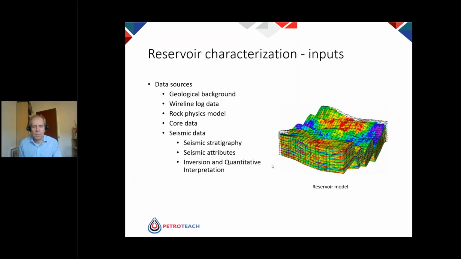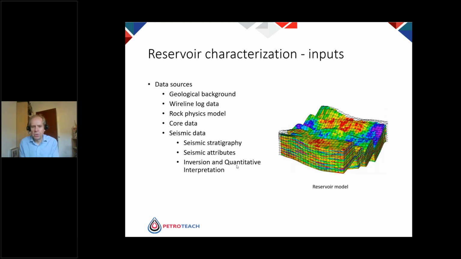Okay, so this is something that has come to the fore relatively recently. So you'll hear quantitative interpretation. I've decided to call the course Seismic Reservoir Characterization, but we could have called it quantitative interpretation. So can I take all these data sets, put them together, and give numbers to the engineers?